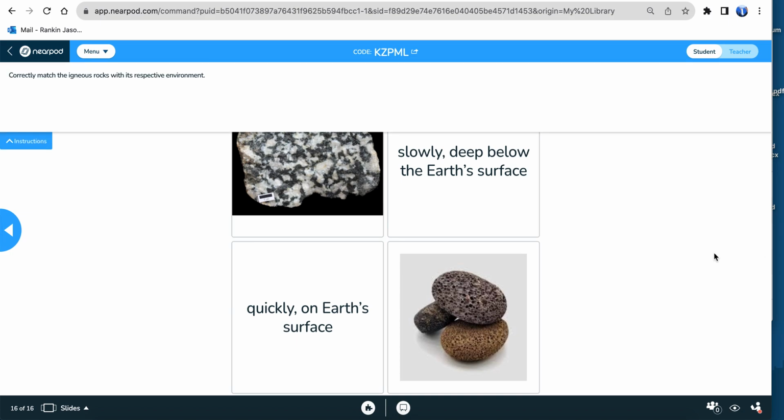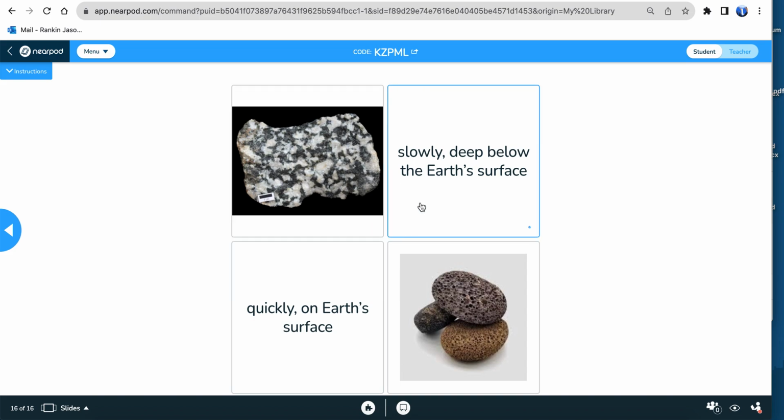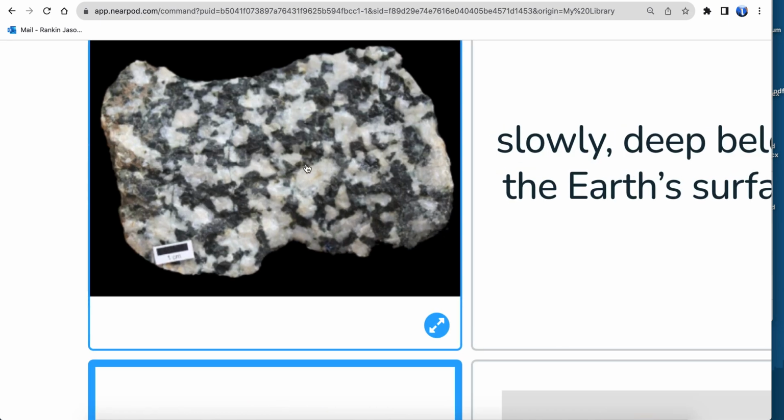All right, last one here. We're going to correctly match these. So we have quickly on the Earth's surface. Now, looking at these two samples, I can see this one here has a lot of white crystals all around.